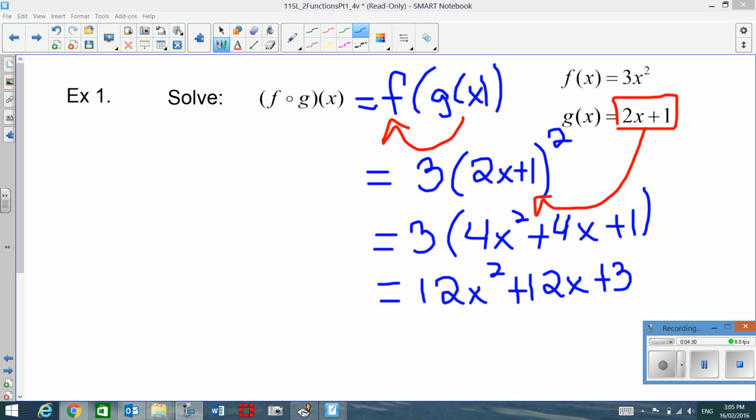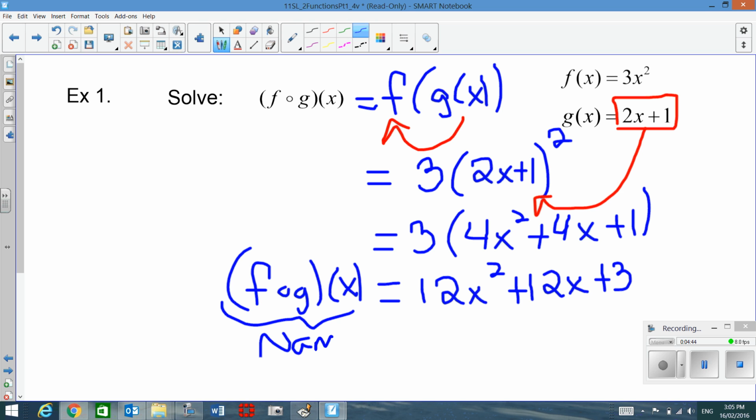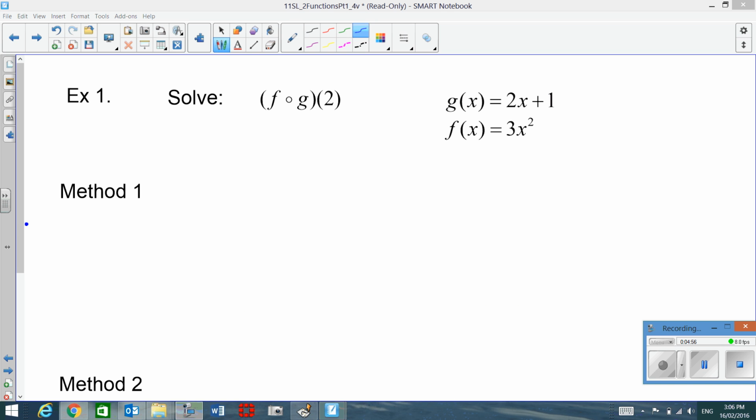And that is now my composition of f of g of x, or f composed with g, and then x is my input. So again, this is just my name of my new function. It has nothing to do, we're not multiplying f of g times x, it's just the name. It's my function composed with x, and I put the g inside of f.